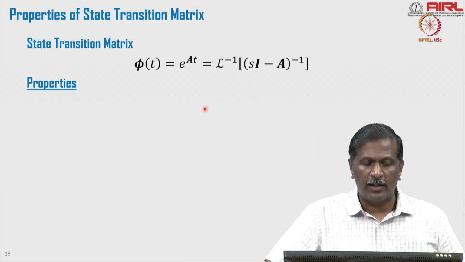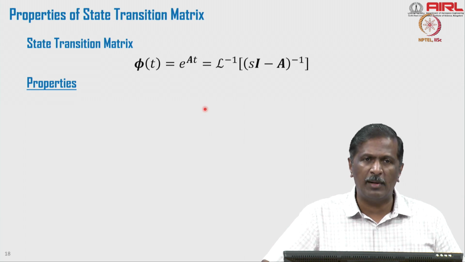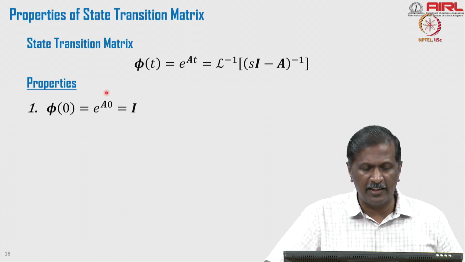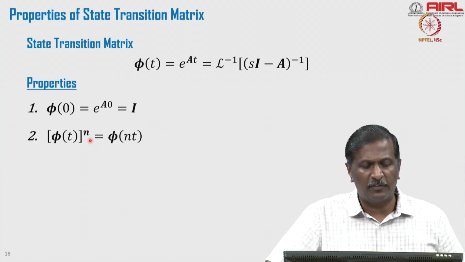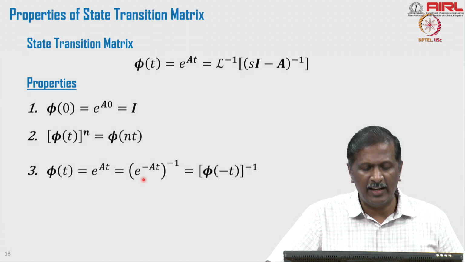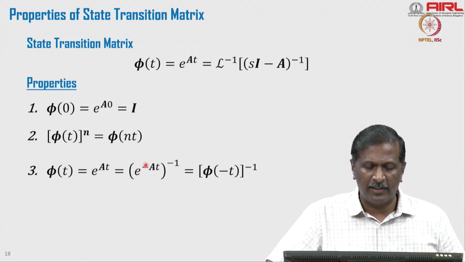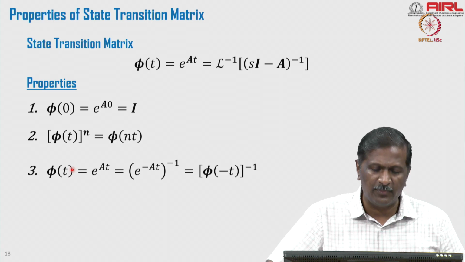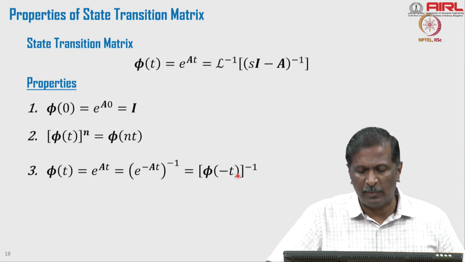Right? Now what are the properties of the state transition matrix which will be really useful for me? Phi of 0 is the identity matrix. Phi of t power n is nothing but phi of nt. Phi of t, which is e power At, is also equal to e power minus At whole inverse, which is nothing but phi of minus t whole inverse, right?